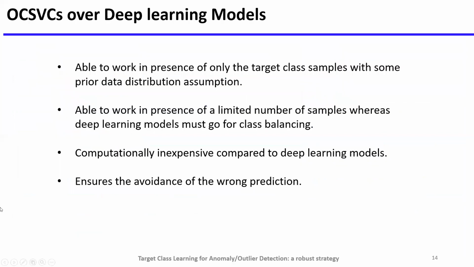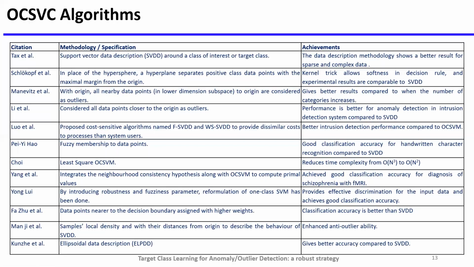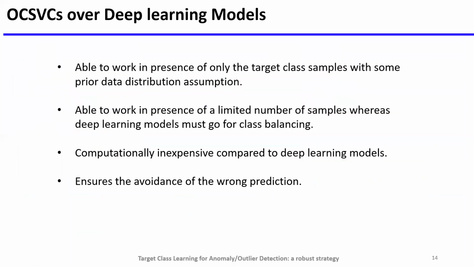Coming to deep learning models, because these are more trendy nowadays. But suppose we are equipped with single-class samples? Deep learning models are data hungry, and basically they always need at least two well-defined classes.